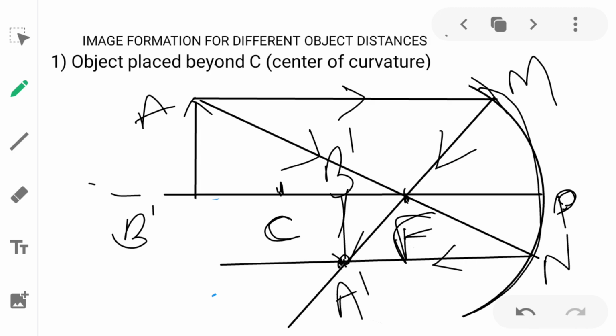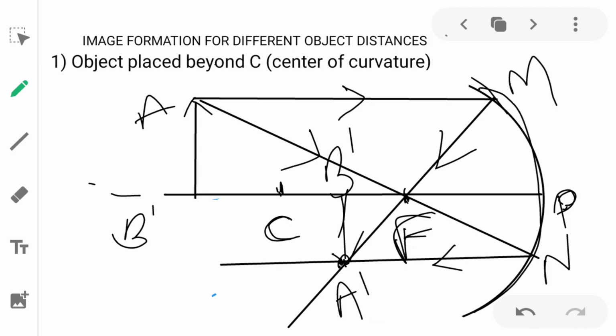Now look at the nature of the image. As it is below the principal axis, it is inverted. As it is in front of the mirror, it is formed by the actual meeting of the reflected rays. The reflected rays have actually met to form the image. So it is called a real image.